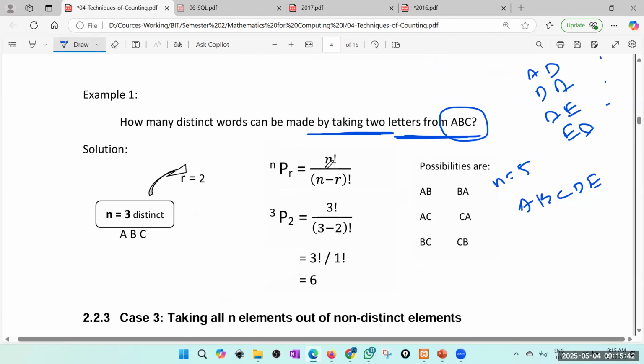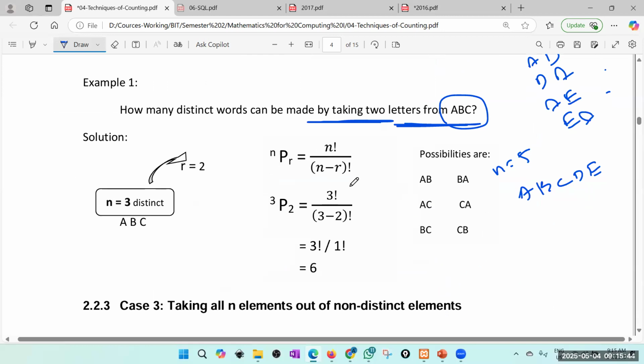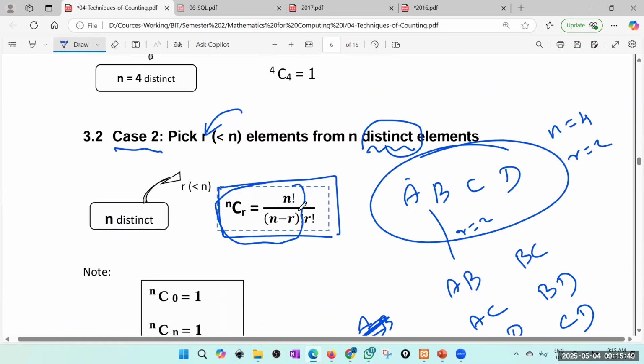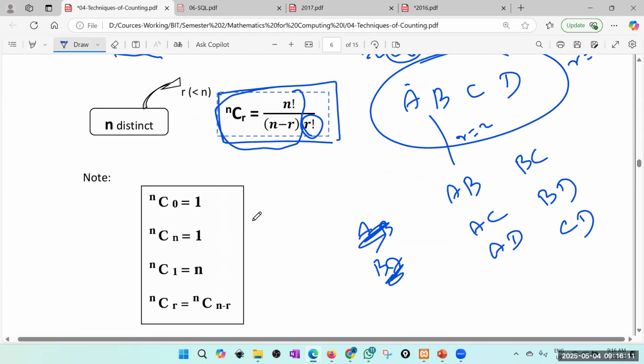Now for nCr, you again divide by factorial r. See the pattern. So you have n distinct elements and you want to select r elements. Select, not arrange. That is factorial n divided by factorial n minus r, divided by factorial r. So that is our scenario number 2.